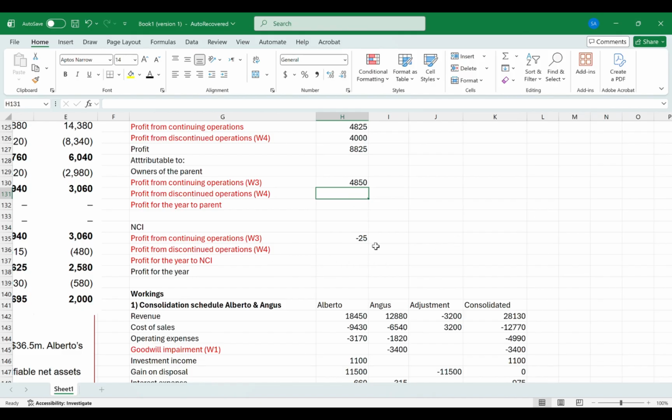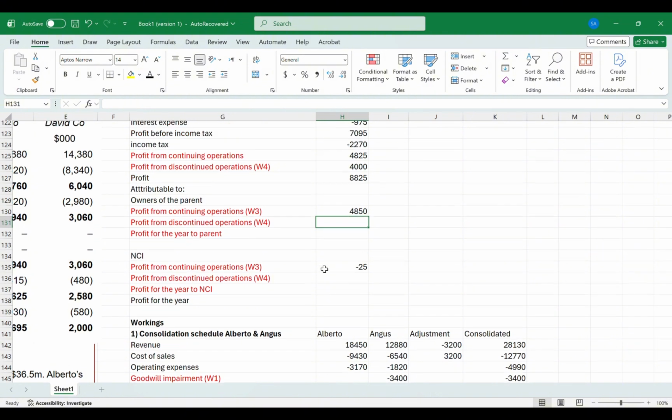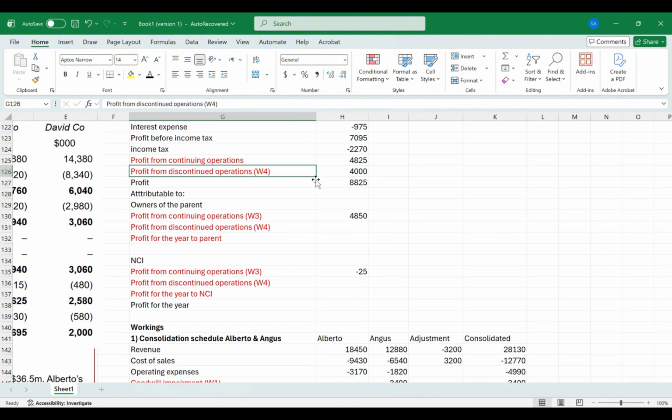So 4,000 also straight away we can't do. You have to look at your total profit. This is your profit, 8825. So your profit for the year has to be 8825. Out of this, let us go to working number 4 once again.